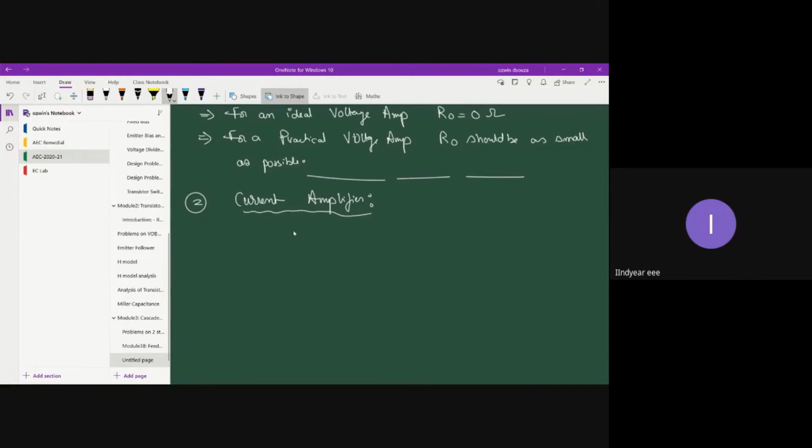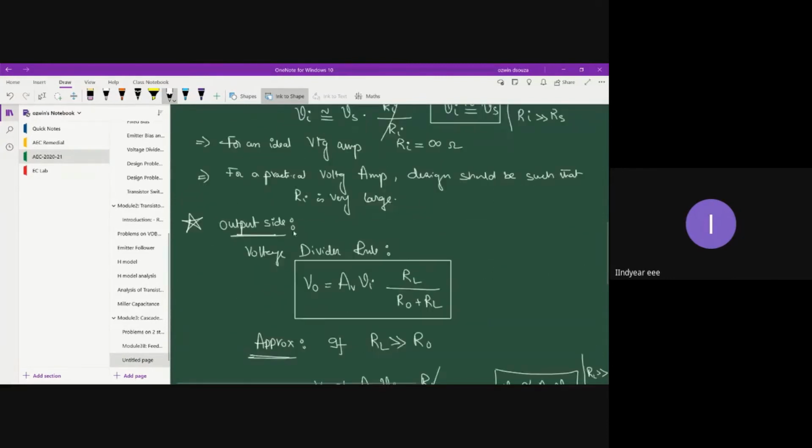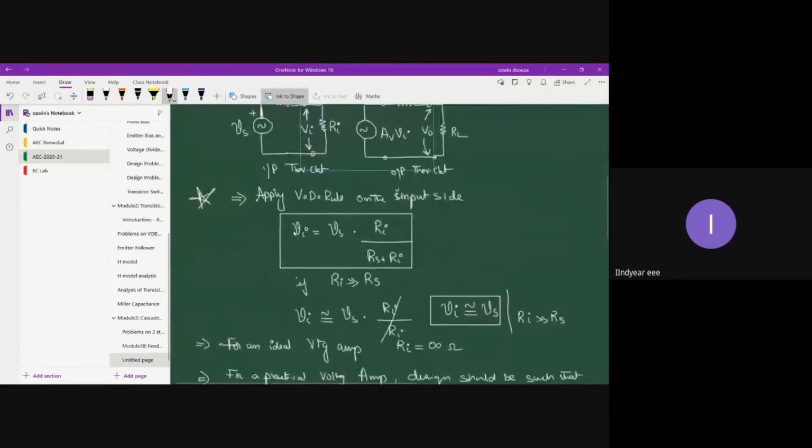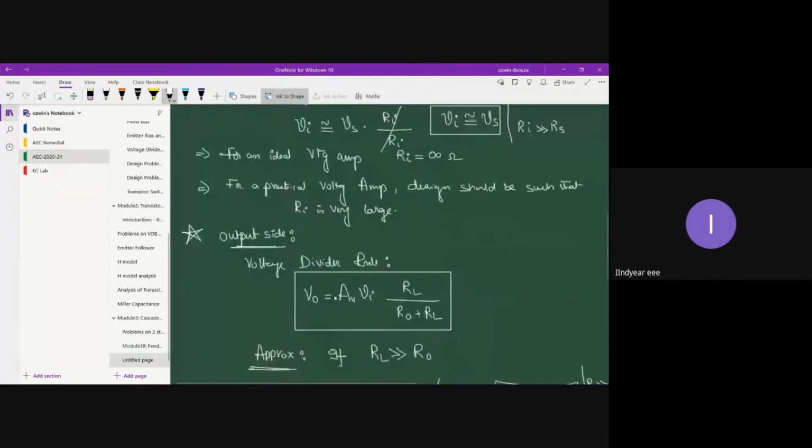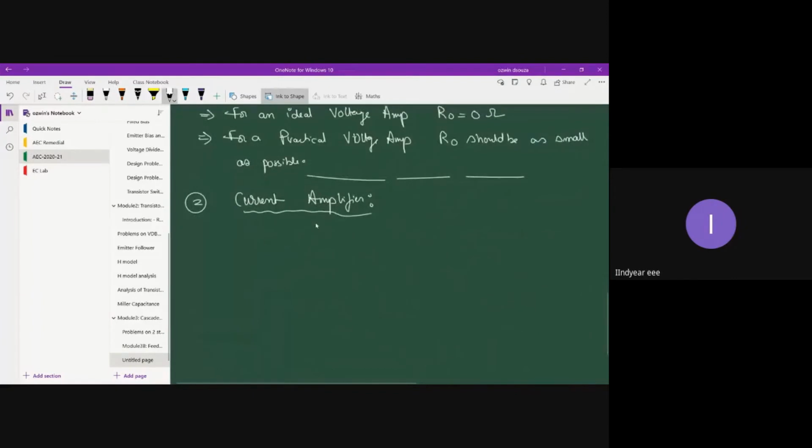Now, a current amplifier basically provides output current proportional to input current. Correct. And the gain of the current amplifier is taken as AI, which is equal to I naught by II. That means the output signal or variable is current and the input signal or variable is also current.